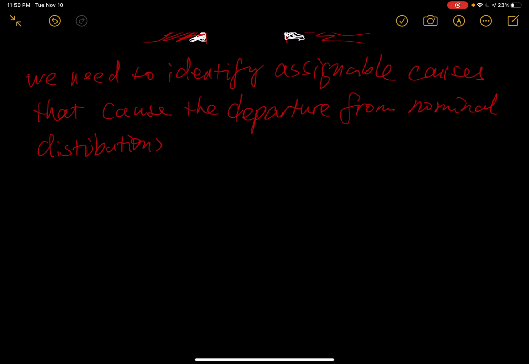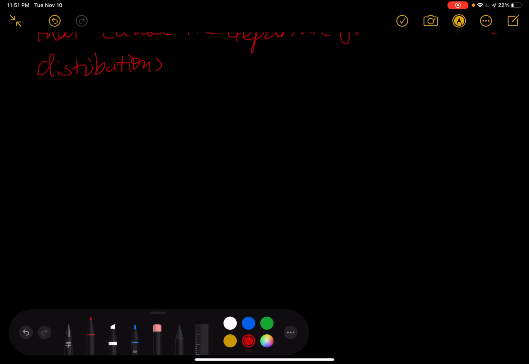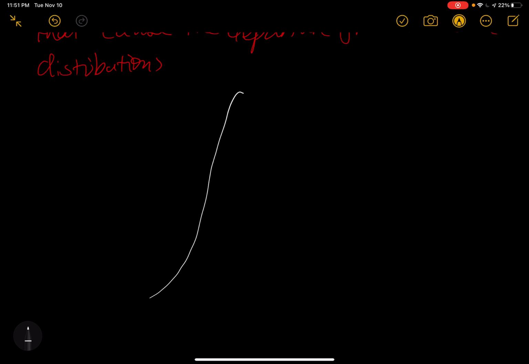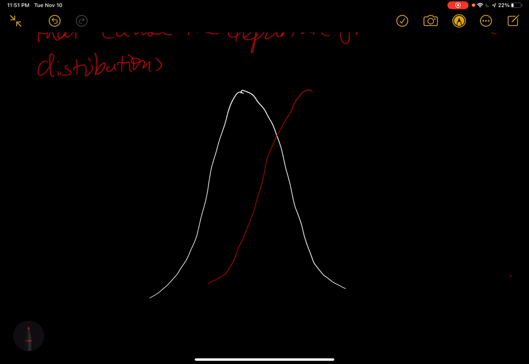Same idea, let me show you. Again, I'm going to draw the line. This is a nominal distribution, but the real distribution changes to somewhere else. The new distribution changes to here.